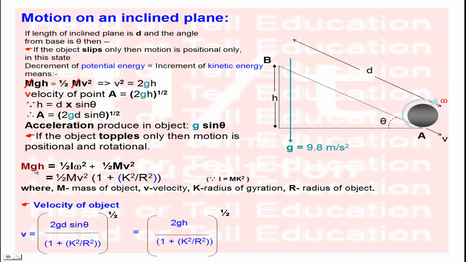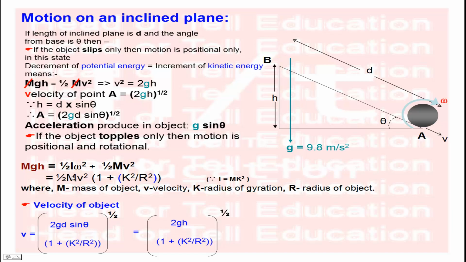So we know that mgh equals half I omega square plus half mv square, means the potential energy equals half I omega square, which is the kinetic energy of rotation, plus half mv square, the kinetic energy of linear motion.